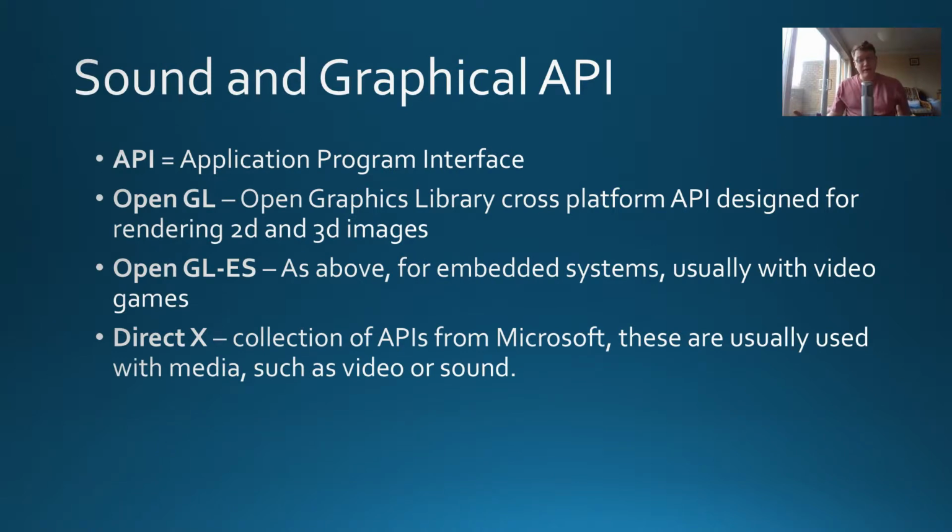Finally, we're looking at Sound and Graphical APIs. API stands for Application Program Interface. You've got three things that you need to talk about: OpenGL, which is the Open Graphics Library, designed to help you render 2D and 3D graphics. Then you've got OpenGL ES, which is for embedded systems.